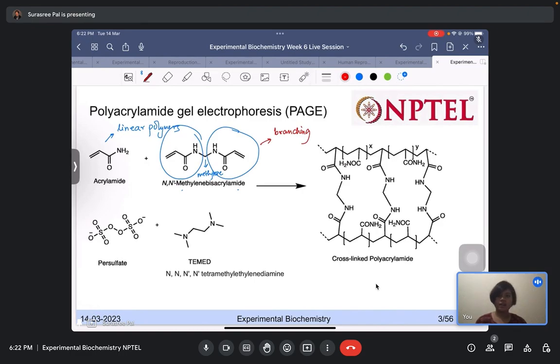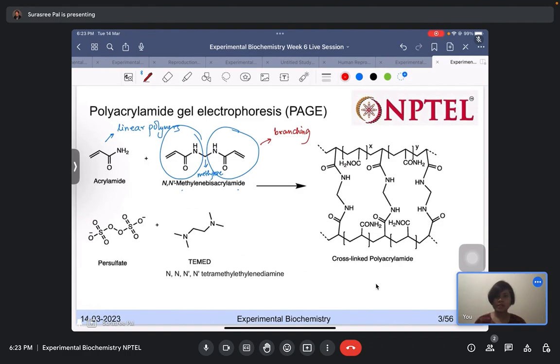Now this acrylamide and bisacrylamide form this polyacrylamide gel together, but we have to always remember that we have to mix acrylamide and bisacrylamide in a particular ratio.